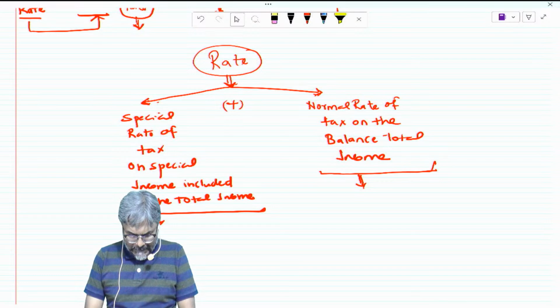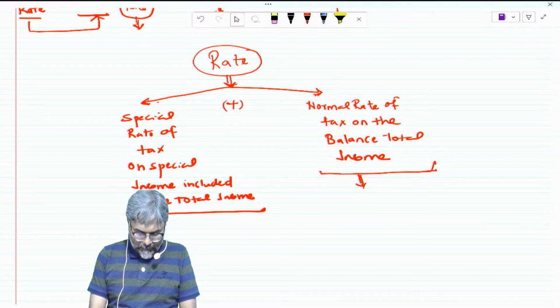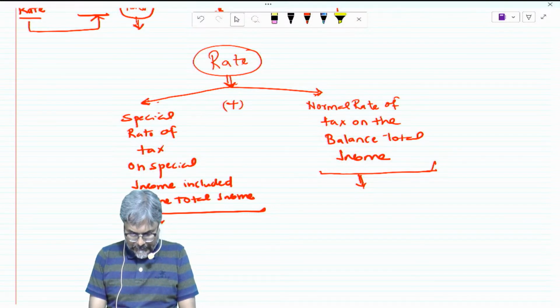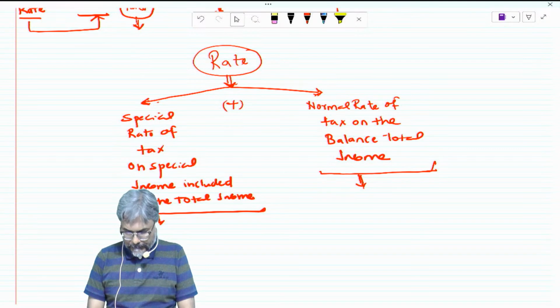How has the rate to be applied? In this context, the two things which are there, students, quickly. Now, what are the rates?